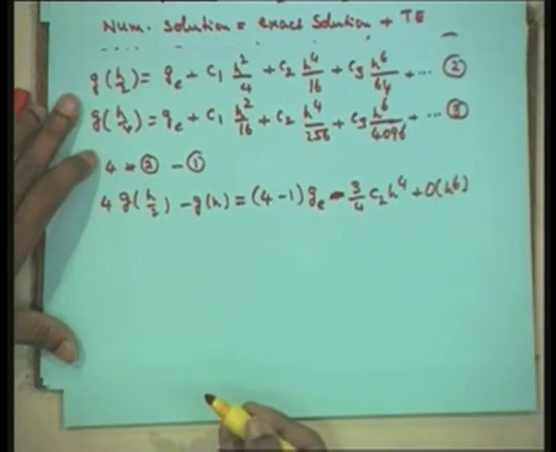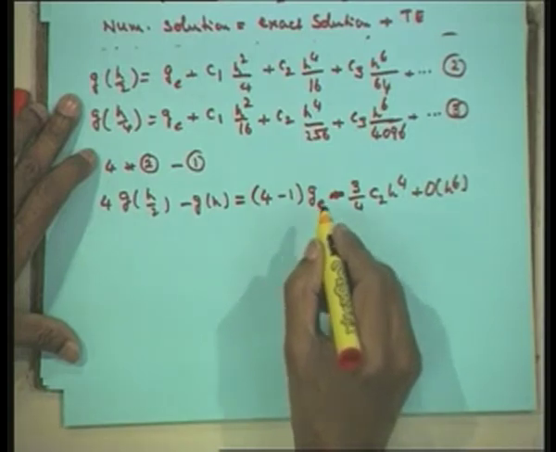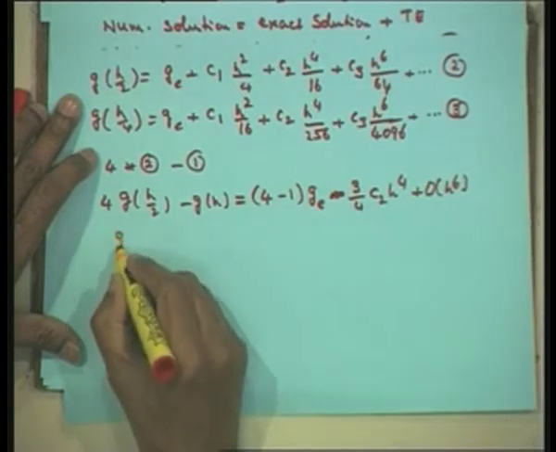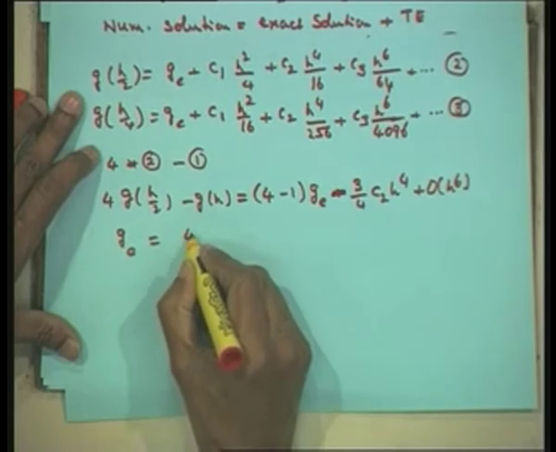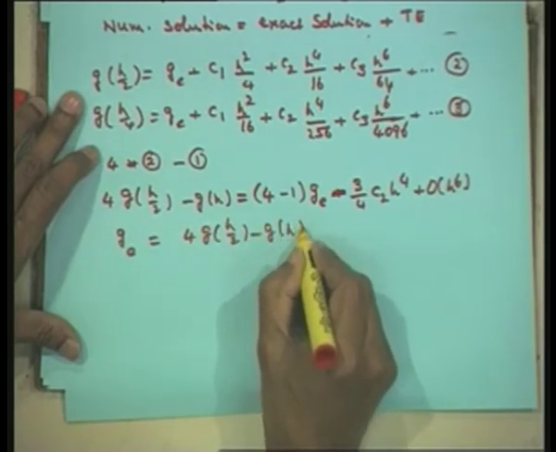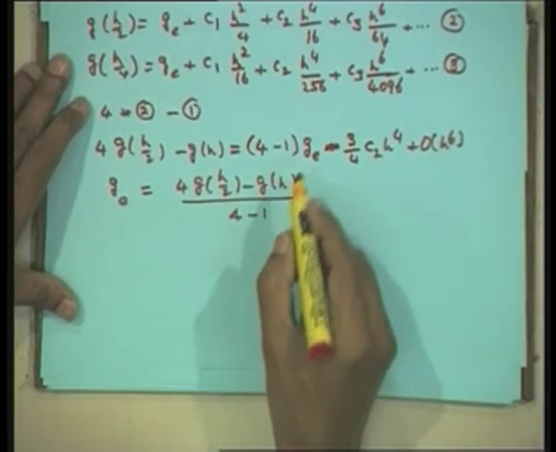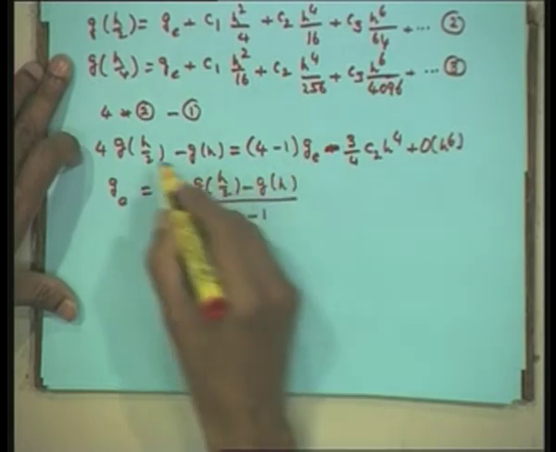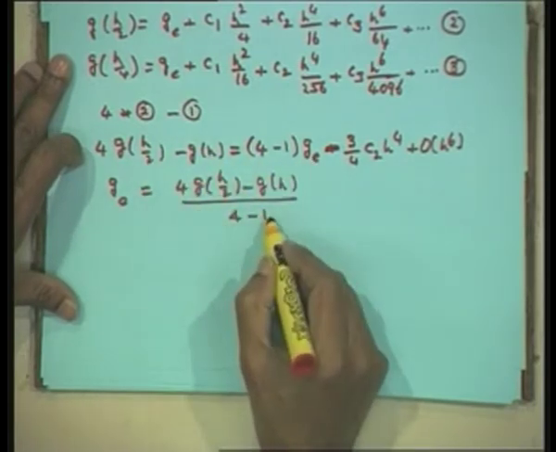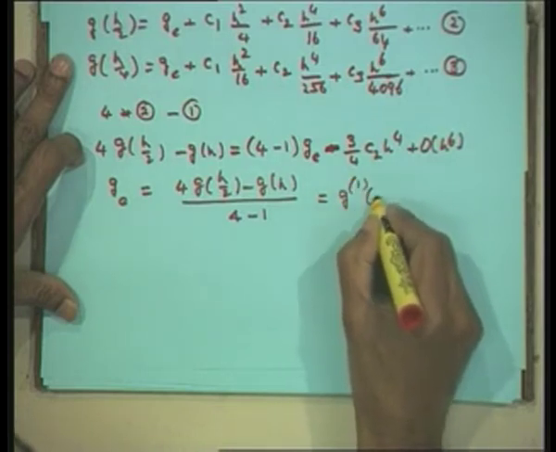Now, similarly, I will write down what is my g(E). g(E) is 4 times g(h/2) minus g(h) divided by 4 minus 1. So, I find the value of g(E) by just dividing by 4 minus 1, and this I will denote it by g1(h).